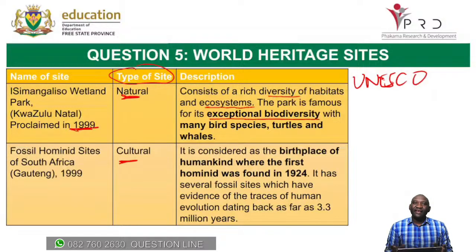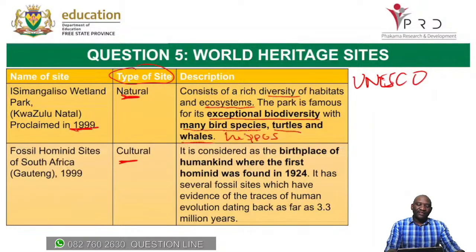And there is no other area like it in the world that is similar to this one. It is home to many bird species, turtles, whales, and even hippos. There are a lot of hippos in this area. So there are a lot of animals. There are a lot of plants which are endemic or which can only be found in this particular area. That makes it very special.